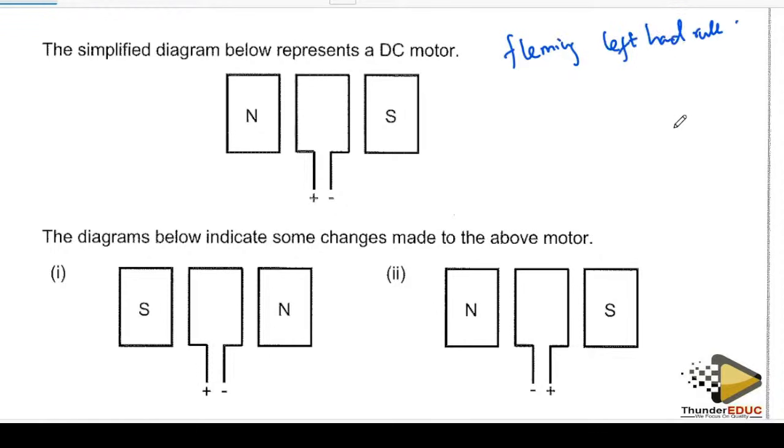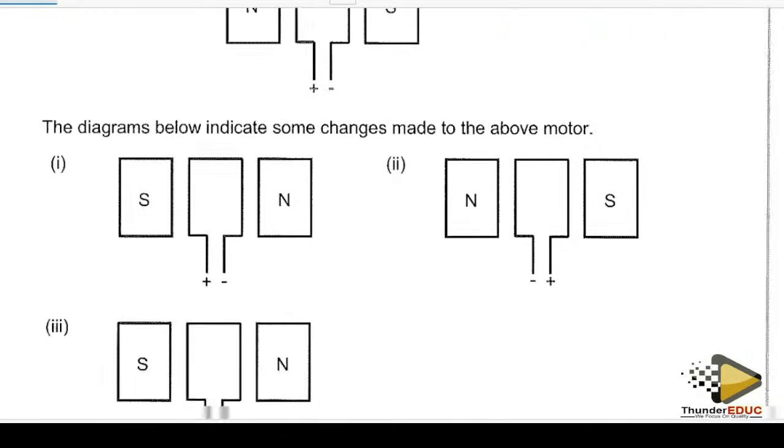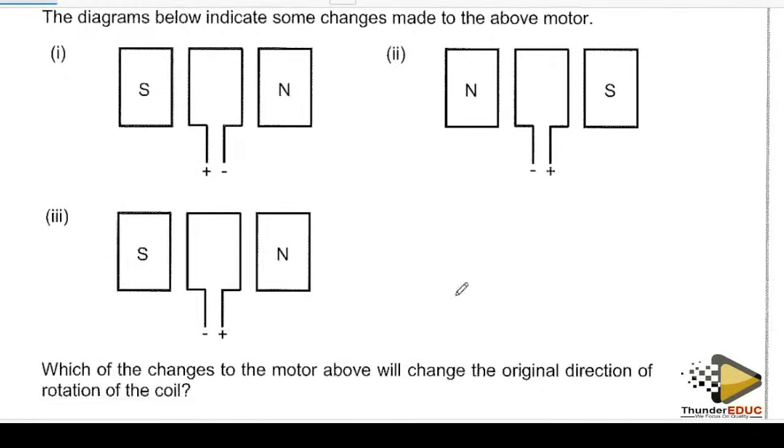That's the basic thing we need to know. They are asking us about some changes that we made to the motor, as the diagrams below indicate. We can see the north and the south being switched around, and in the second option the terminals are also being switched around, and so on.